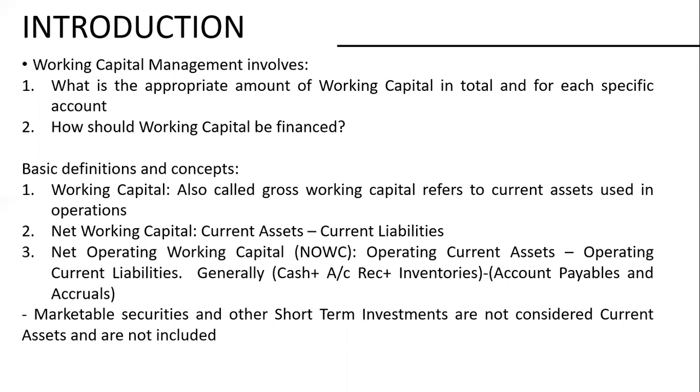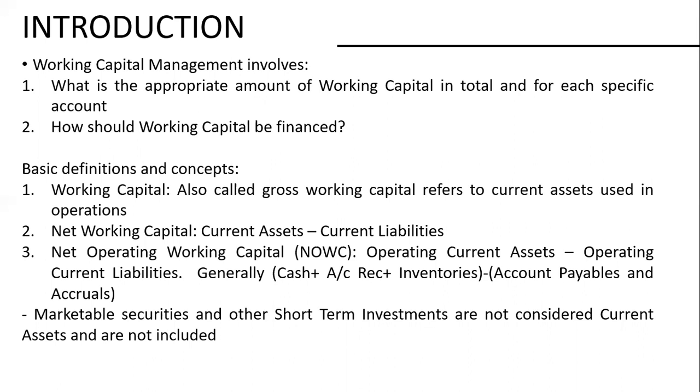Net working capital is basically current assets minus current liabilities. I also wanted to talk a little about net operating working capital, which we have already seen when calculating free cash flows. This is operating current assets minus operating current liabilities.